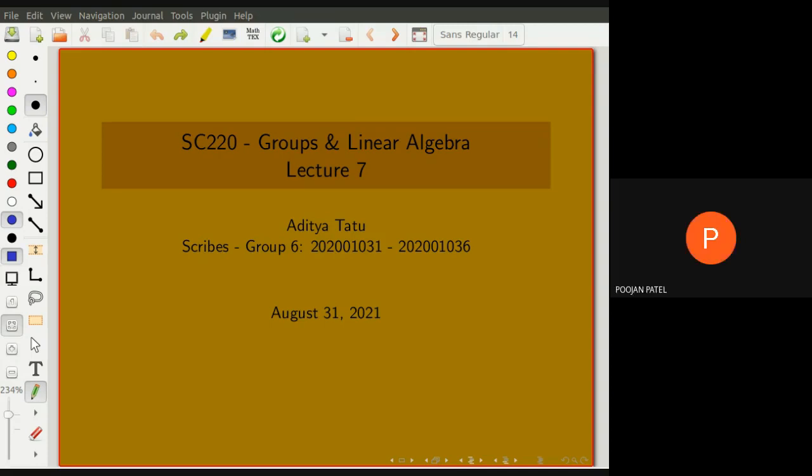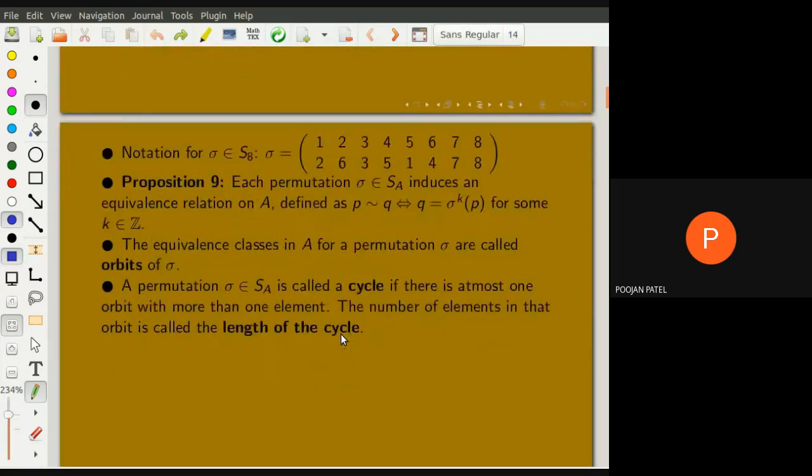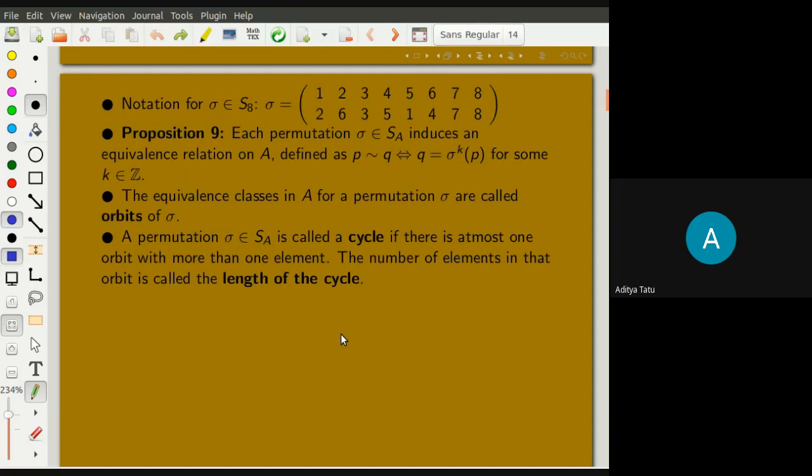Sir, I have a doubt. Go ahead. Sir, in the last class, you told about equivalence class and the cycle and orbit. In the example you had given, sigma, you had written the equivalence class of only 3, 8, 7, and 1, and you told that it is a cycle.